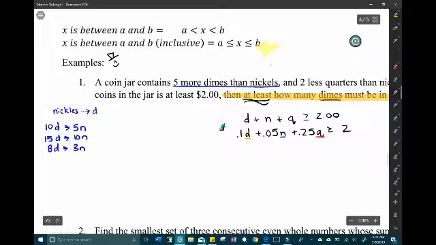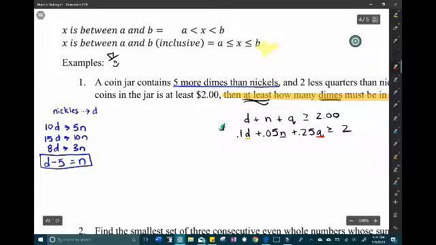If I have the variable D, number of dimes, in order to make that nickels, what do we do? We subtract 5. So D minus 5 is equal to N. That is what nickels is in terms of dimes. Okay, so we're going to keep that and use that in a little bit. So that's going to help us out.